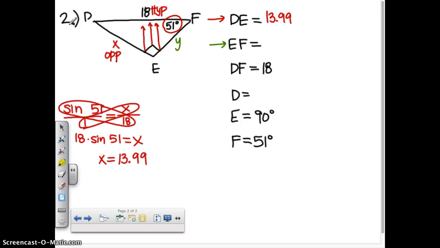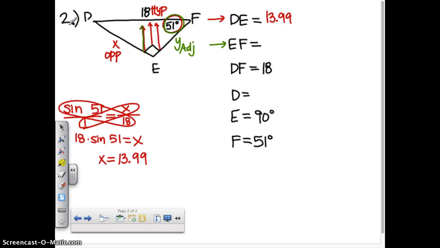EF I'm going to call Y. How come? Well, X was already used. Let's call it Y. Now, assuming that we don't have X anymore, we still have 18 as one side, and we have Y as the other. Circle the angle 51. Y is now the adjacent side.